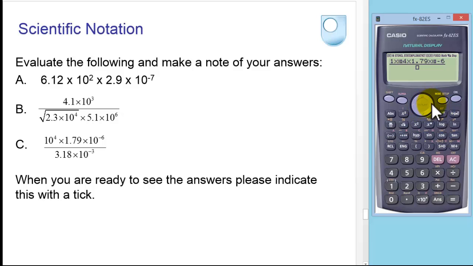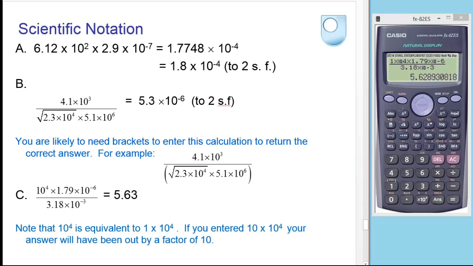Press the right arrow key until we come to the bottom. 3.18 times 10 to the power of minus 3 in the denominator, and press equals, and we get the answer of 5.63, just 3 significant figures. These calculations with the answers are actually shown on the next slide, which is here. So you see the final one, the answer there is 5.63.